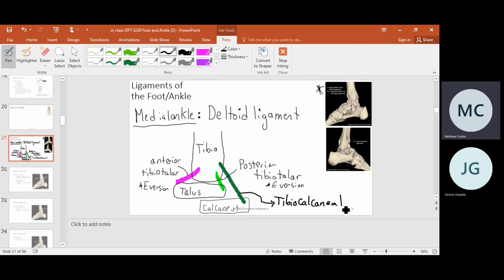It's not necessarily going to prevent excessive plantar flexion because it's in the posterior compartment. Okay? So would it potentially prevent excessive dorsiflexion? Yeah. Also, in addition to that, because it's in the medial side, it's also going to prevent eversion.